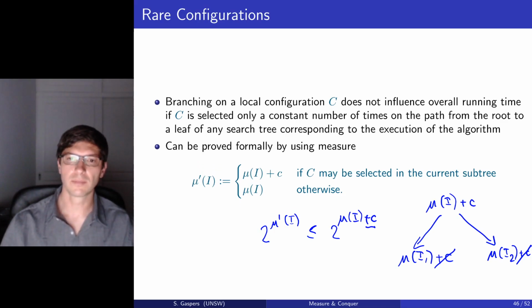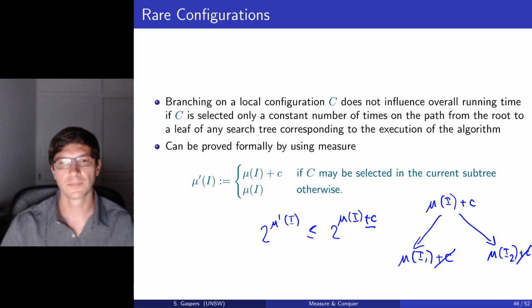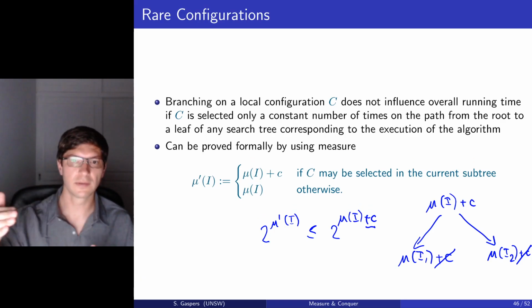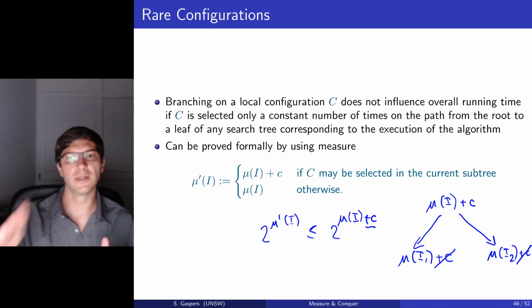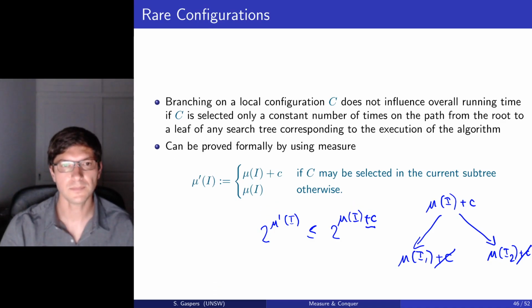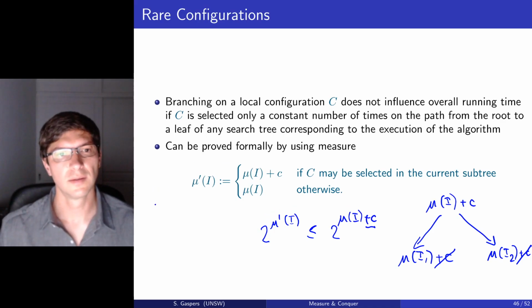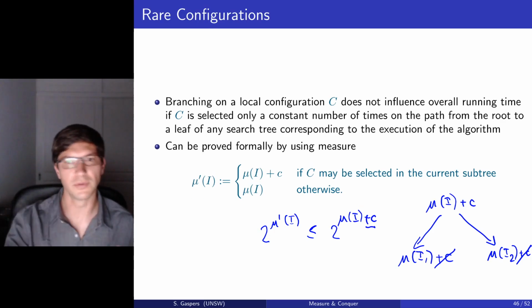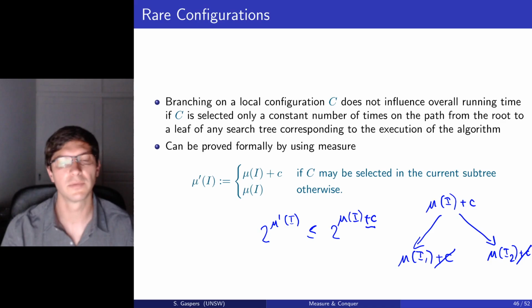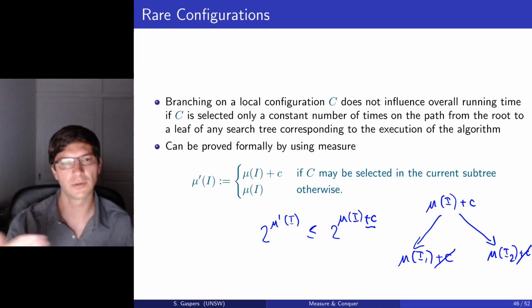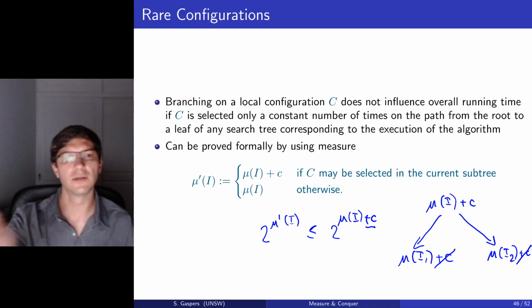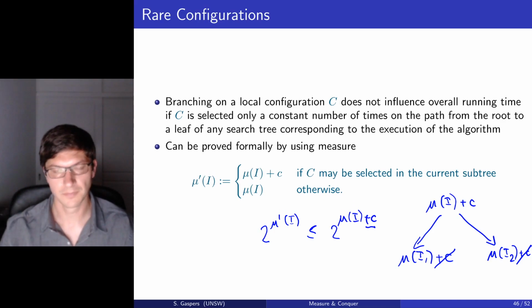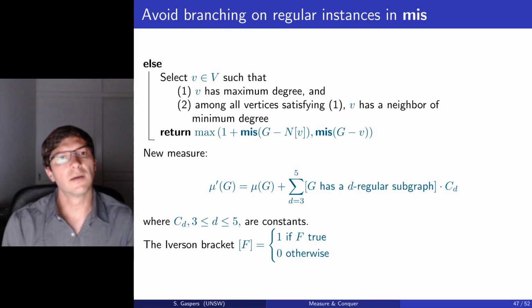Okay, but this means that I can make my branching number as small as I want for this particular case, because I can decrease the measure of the instances as much as I want. Okay, but this only works because this local configuration occurs at most once in this case, or at most a constant number of times. If some local configuration can occur a constant number of times, I might need to add a constant number of those constants.